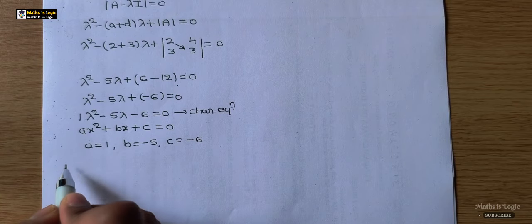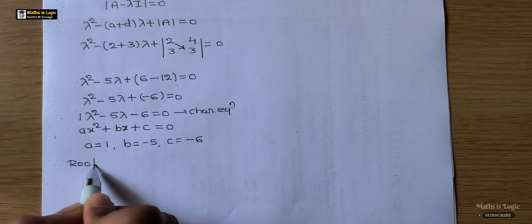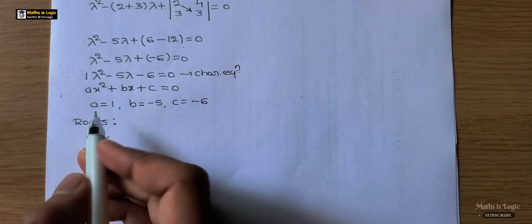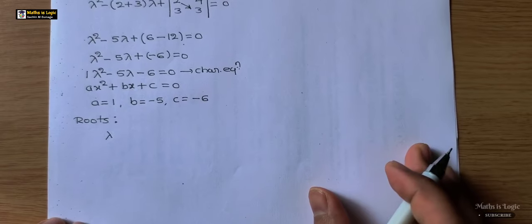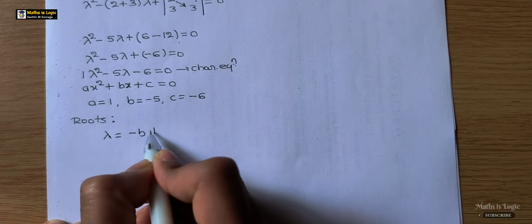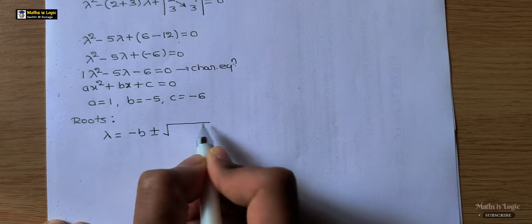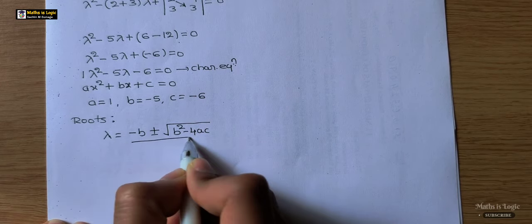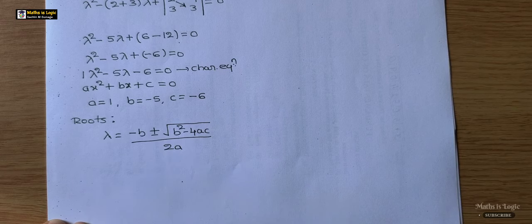Next, to find the roots, we are going to apply the formula. Lambda equals minus b plus or minus square root of b square minus 4ac, divided by 2a.